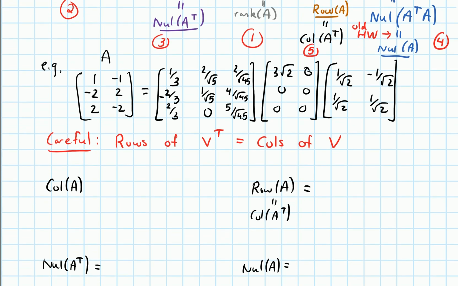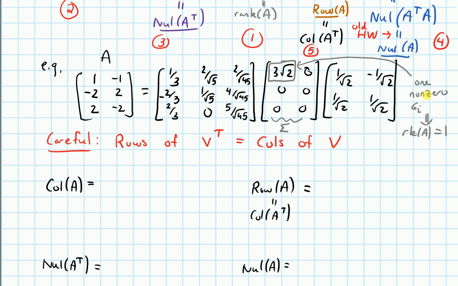So let's start with the column space of A, and let's write down what this equals. First notice that if we look at the matrix sigma, there is one non-zero singular value. That means the rank of the matrix should be 1.